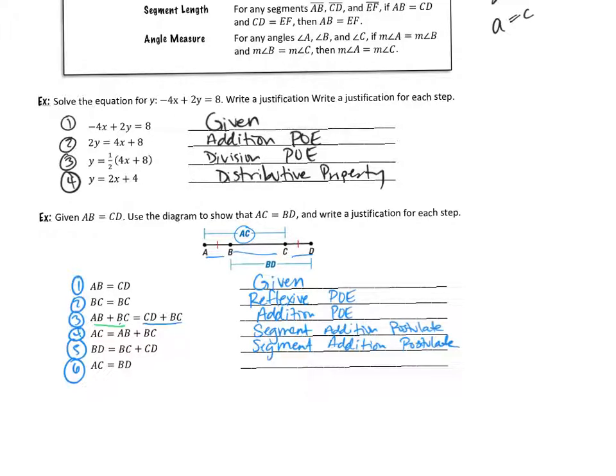How we write that is substitution property of equality, and then you're going to want to put into parentheses that that is from step 3, that we substituted steps 4 and 5 into step 3.